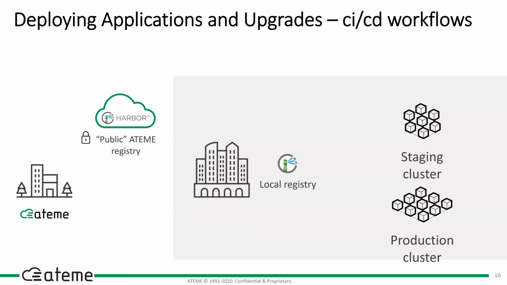With our Kubernetes microservice applications, it's a little bit different. We have a public registry. So all of our developers are contributing to this public registry for our customers. And our software updates are always going there.